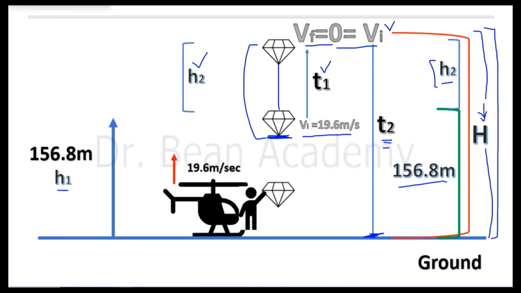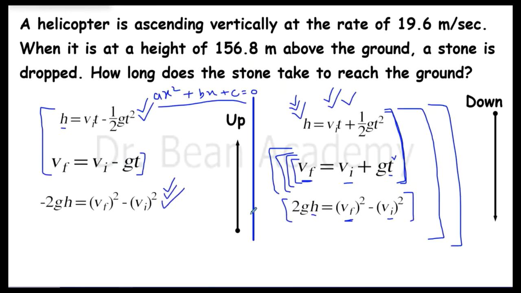So if we have a look at the equations, if I want to use this equation, I need to know Vf. And if I want to know Vf, I have to use the third equation, because the first one is out of the question.